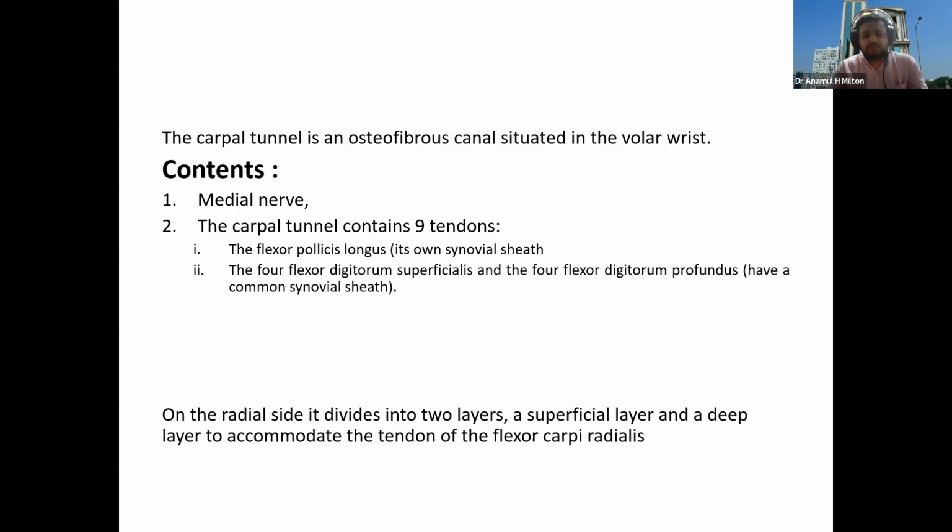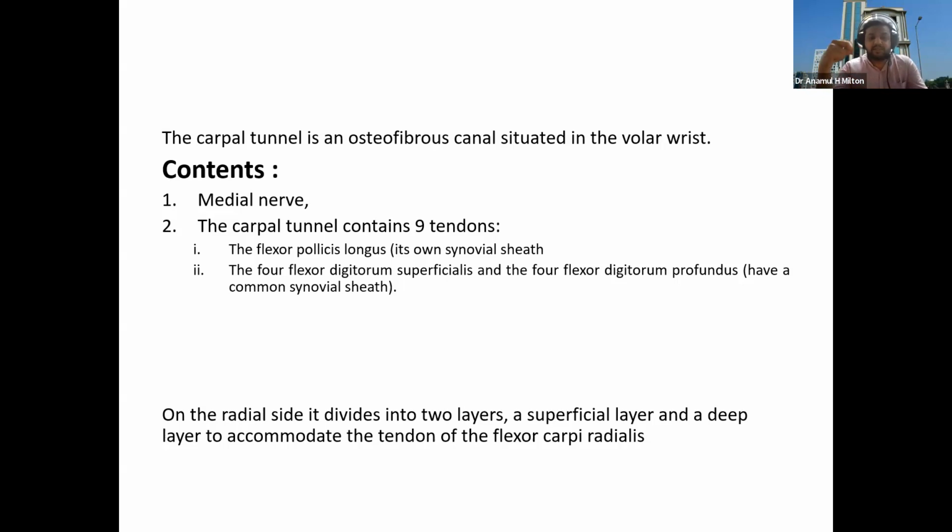Okay, the contents. There are a total of 10 contents. Among them, one is the nerve. That is a very important nerve, the median nerve, and second are the 9 tendons. These 9 tendons are divided into 3 tendon sheaths. Number 1, the flexor pollicis longus within one sheath, and there are 2 groups of muscles.